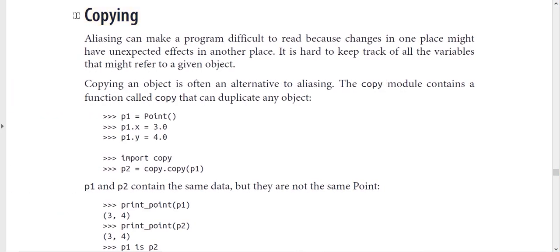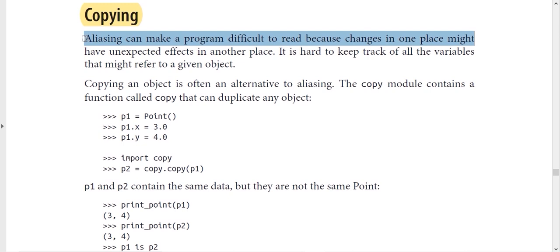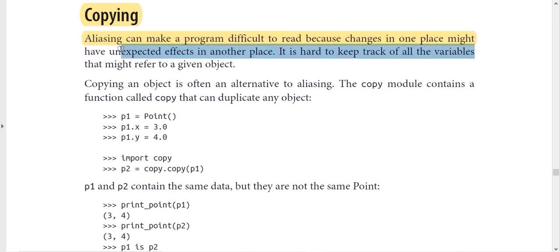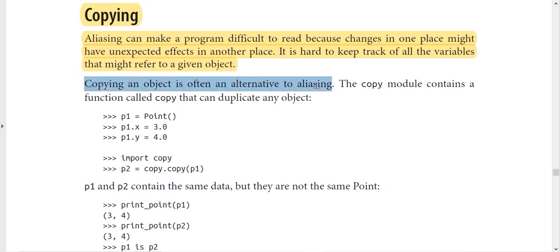The next subtopic here is copying. Aliasing can make a program difficult to read because changes in one place might have unexpected effects in another place. It is hard to keep track of all the variables that might refer to a given object. So instead of aliasing, copying an object is often a better alternative.